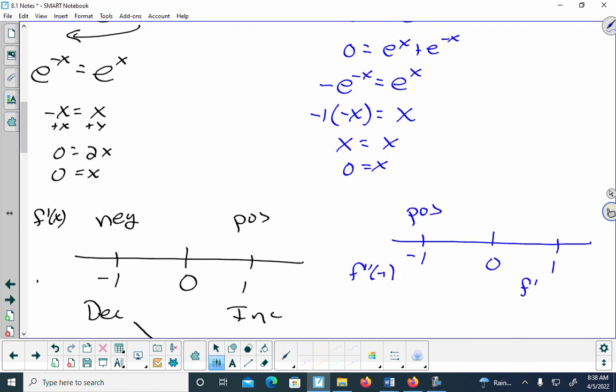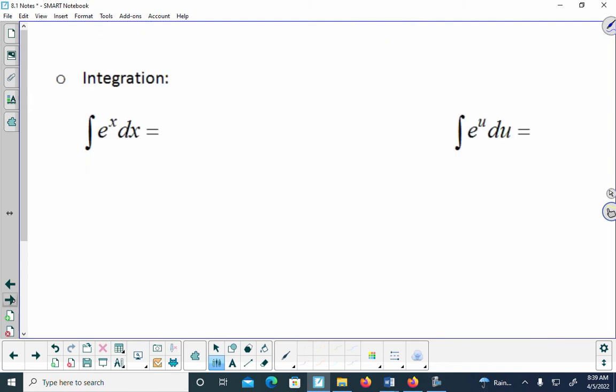When I do the second derivative of +1, putting that in my calculator, that ends up being positive. So that means that I'm concaving up here, and I'm concaving up here. Since I'm not switching directions, there is no inflection point. Remember, you have to go from concaving up to concaving down, or concaving down to concaving up to have an inflection point. Moving on to the next one.